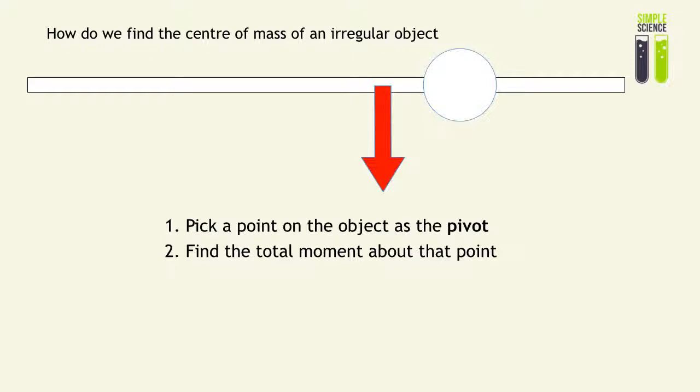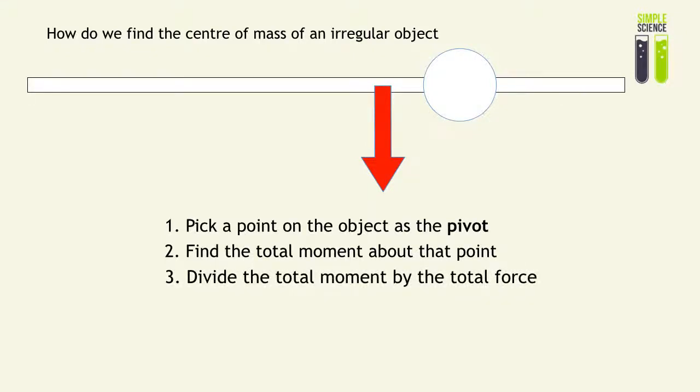One F1 and one F2. Then we divide that total moment by F1 plus F2, and the answer should give us the distance of the center of mass from the pivot we have taken. I've taken the leftmost pivot, so the answer is the distance of the center of mass from that pivot.